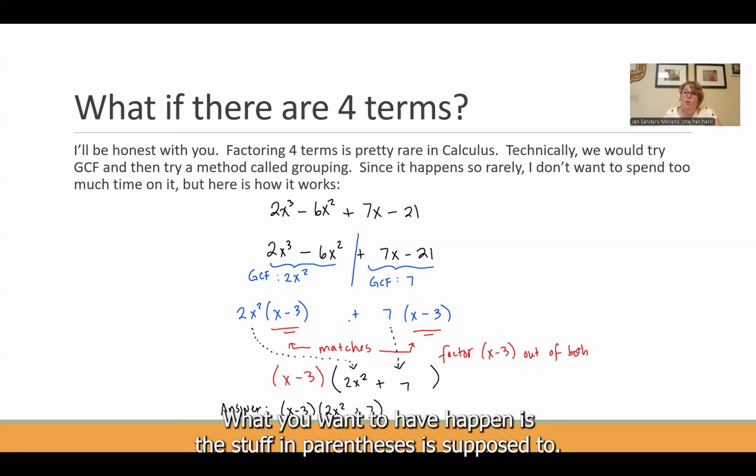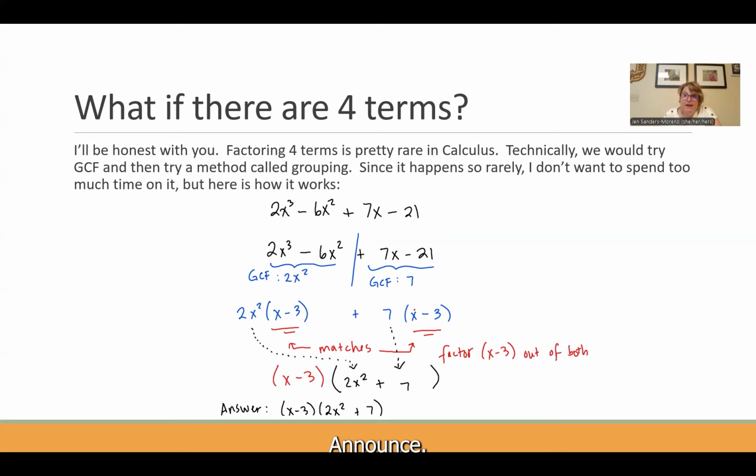Okay. Now, what you want to have happen is the stuff in parentheses is supposed to match. Okay. If it doesn't match, you're done. It's not going to factor. Okay. So if it factors by grouping, what's left in parentheses will match. So what happens if this miracle occurs is you factor out the piece that matches.